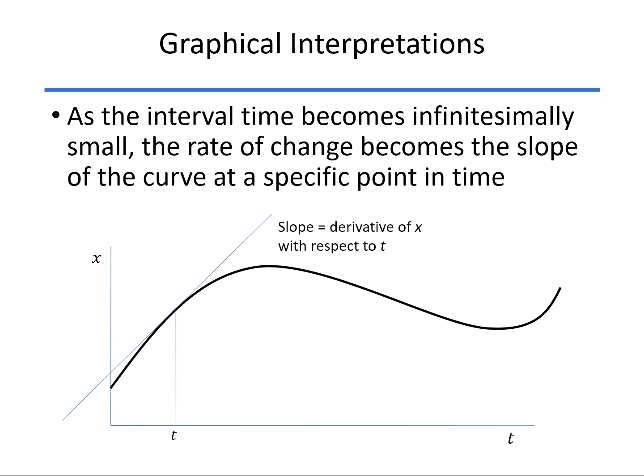In other words, as you let the time interval become infinitesimally small, that rate of change is equal to the slope of the curve at that certain point in time. So again, the slope at any point in time here would be the velocity.